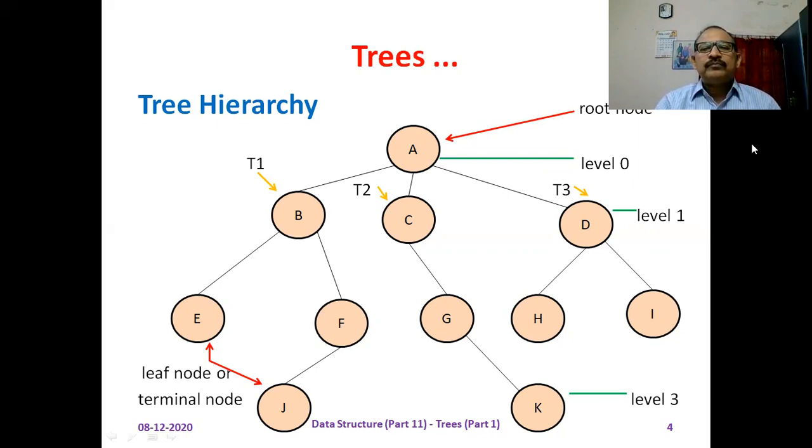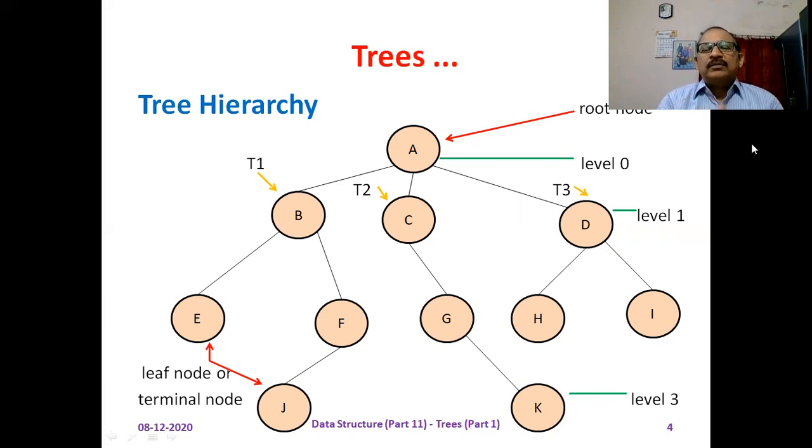Next is what is the edge? Edge refers a link between vertices. Edge AB, edge BE, there is a link between B and E.